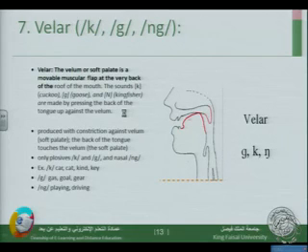The sounds k like cuckoo, g like goose, and ng like kingfisher are made by pressing the back of the tongue up against the velum. This is the velum. This is the back of the tongue, it must touch the soft palate.